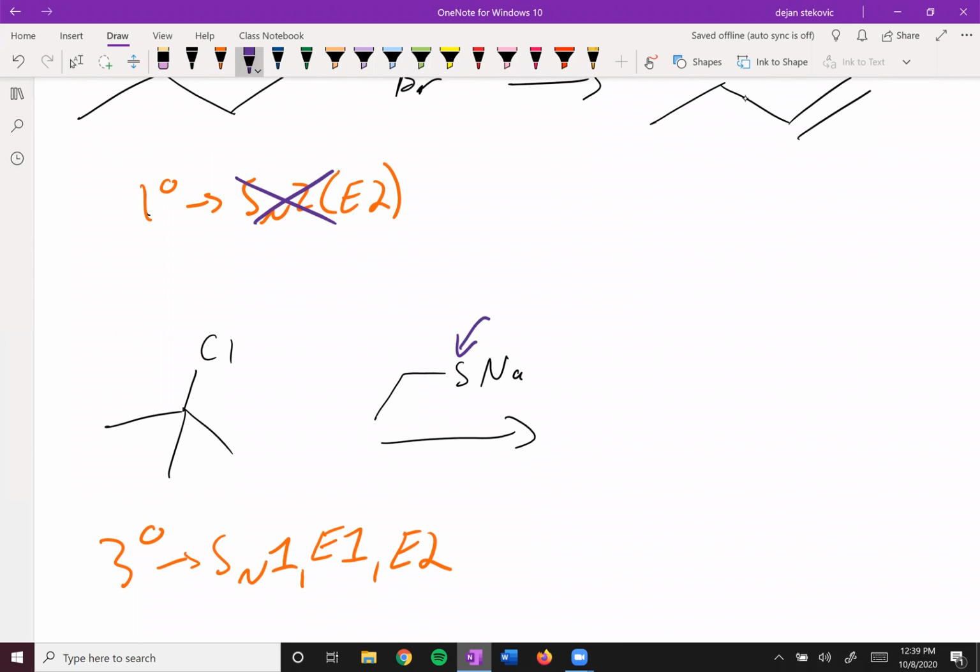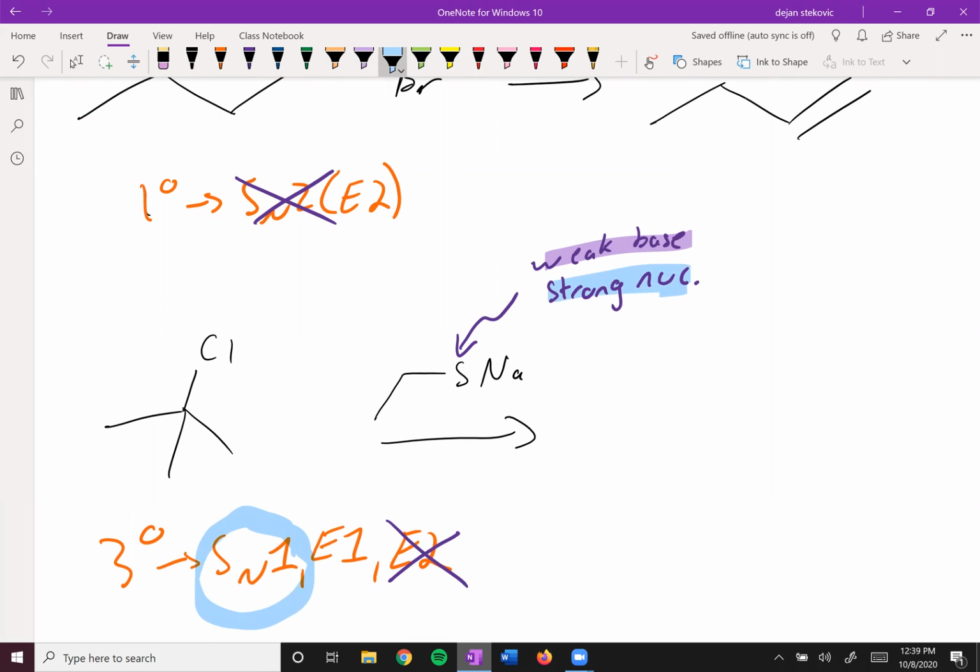If we think about this guy right here, this is a weak base, but a strong nucleophile. Since it's a weak base, we can eliminate the E2 pathway. And since it's a strong nucleophile, that'll suggest the SN1 pathway. And so we'll have a substitution product here that goes through the SN1 pathway.